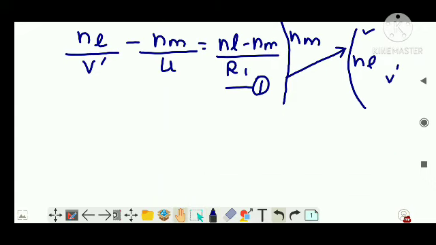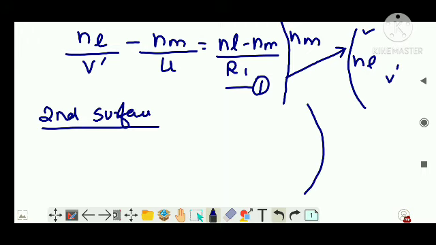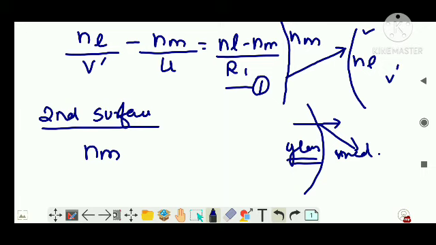Now similarly, we are going to write for the second surface. The light was coming like this. Of course it is bending, but I just want you to understand that the light is coming from glass into the medium. So the glass is where the light originates and it is going into the medium. So N2 becomes NM divided by the image distance of the second surface, which is V, the actual image, minus NL.